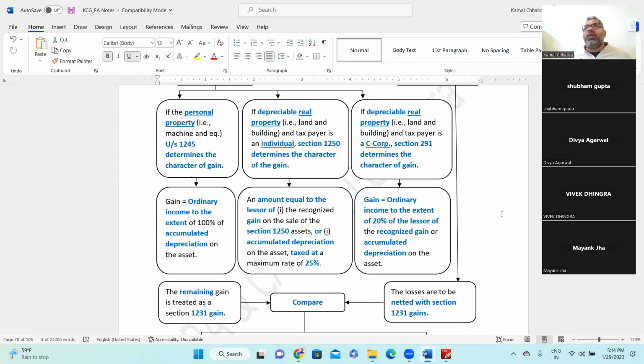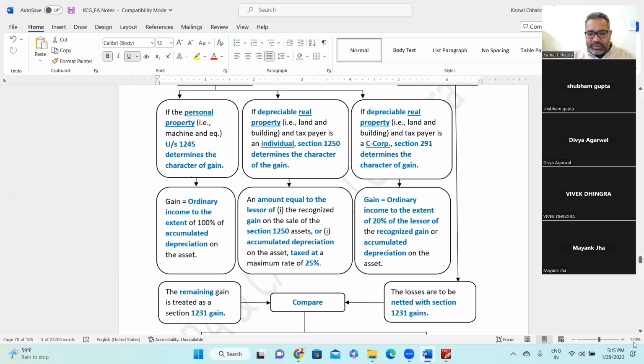Yeah, section 1250 says how you need to tax the gain. Gain will be bifurcated into two pieces. One is the accumulated depreciation or gain, whichever is lower. If accumulated depreciation is lower, then to the extent of accumulated depreciation only. But if accumulated depreciation is more, then to the extent of gain.